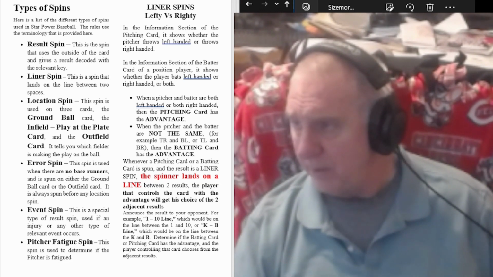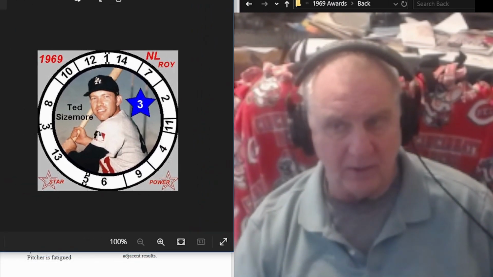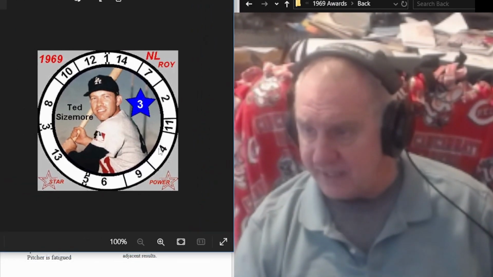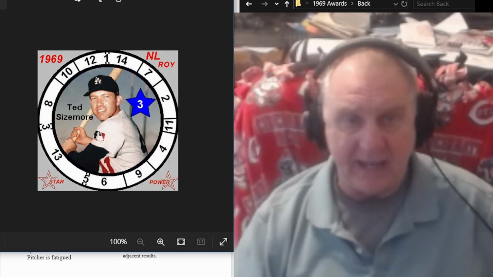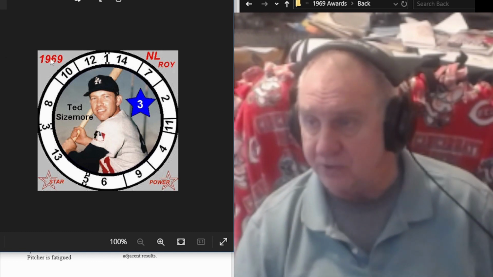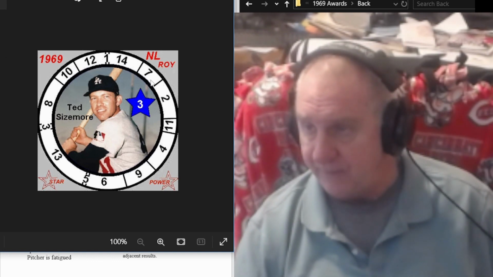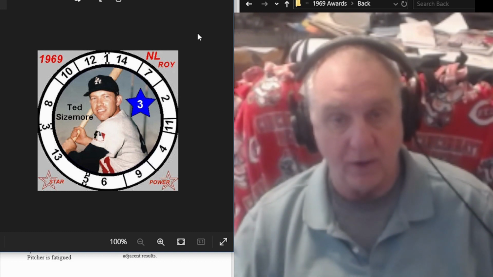Because if you take this, for example, on a batting card, and we'll just pull Teddy Sizemore up again here. On a batting card, Teddy Sizemore right here has 14 spaces on that card. That means that he has at least 13 lines on that card. We'll count them starting at the left of the 1. 1, 2, 3, 4, 5, 6, 7, 8, 9, 10, 11, 12, 13, 14 lines are on that card.